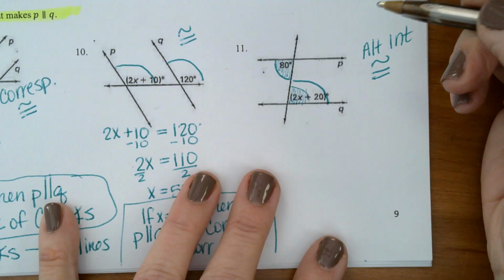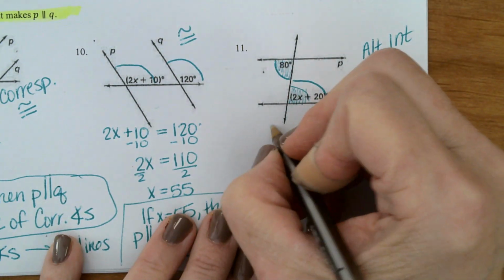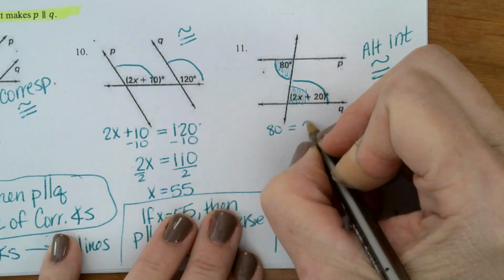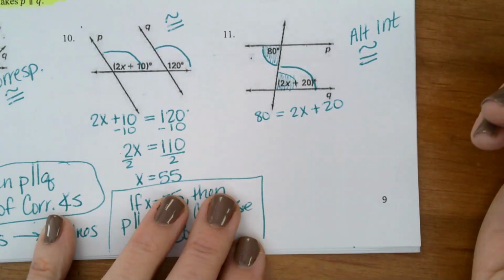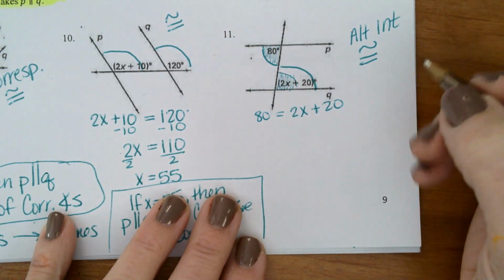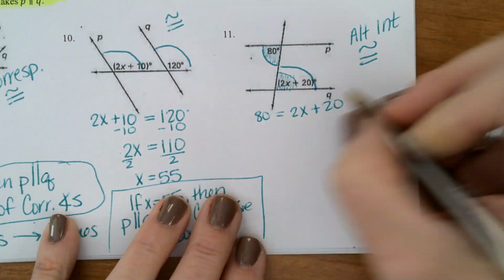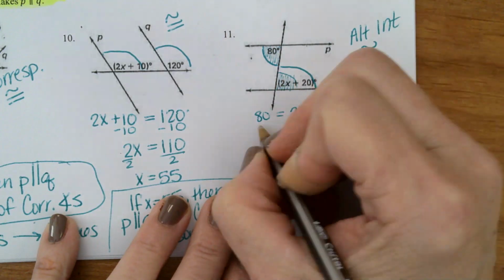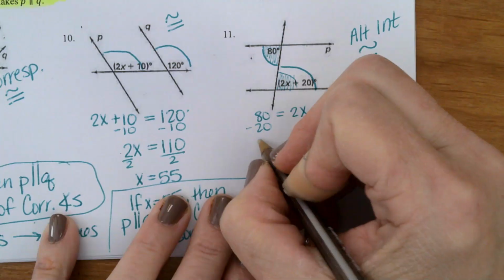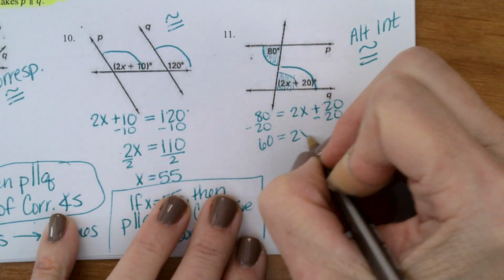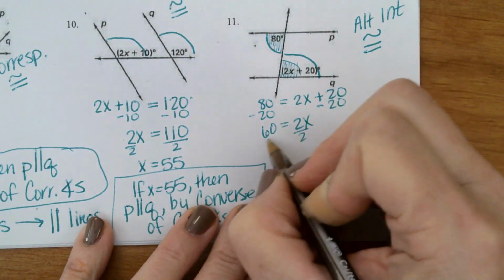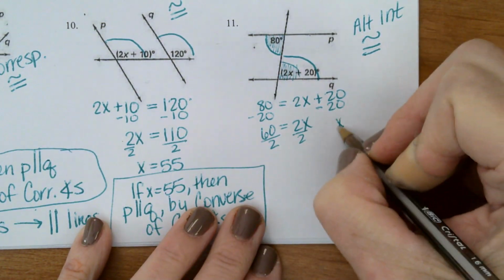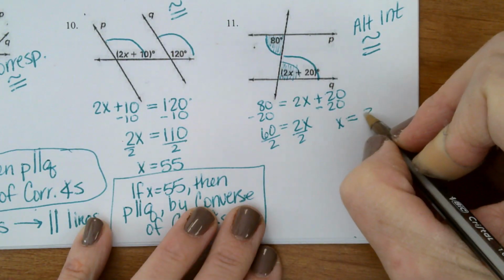Okay, all right, so we have to set 80 equal to 2x plus 20. What's our first step? We're going to subtract 20, and we get 60 is equal to 2x. Then what do we do? We divide by 2. Okay, so x is equal to what number? 30.